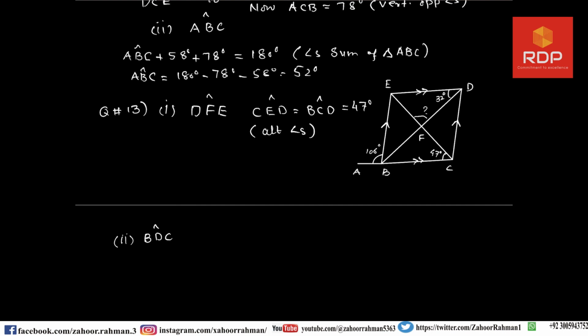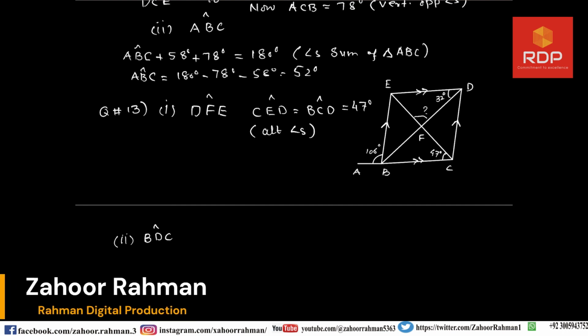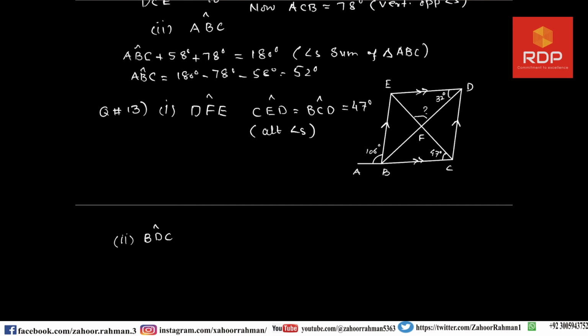Now one thing I must mention here, that you can solve this question through the parallelogram, which is a quadrilateral, but because we are only dealing with triangles, you have to solve it in the context of triangle. Parallelogram is our next topic. We haven't yet touched that in this course so far, so wait for that.